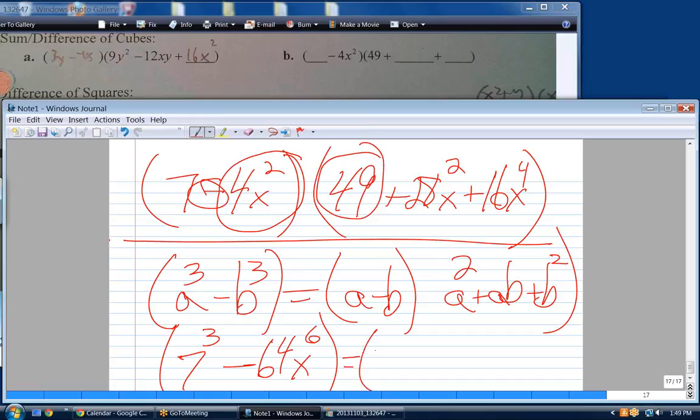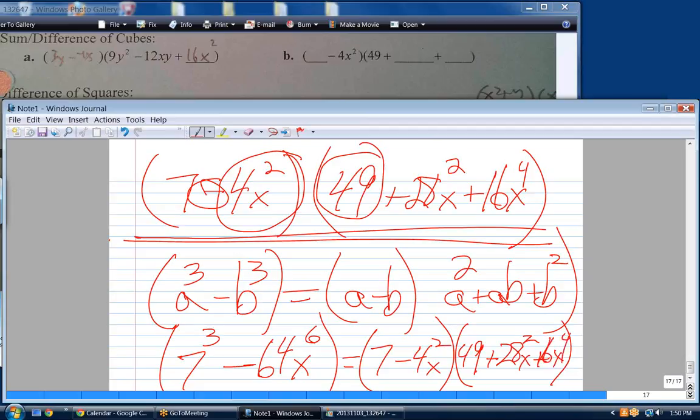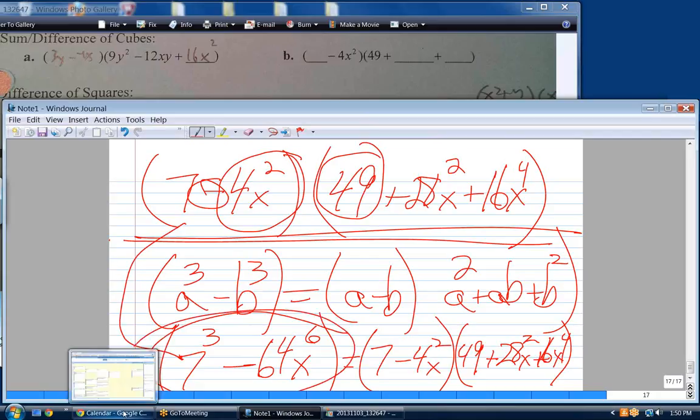Starting off a minus b, which is 7 minus the cube root of that, which is 4x squared. And then the rest of it, this is 7 squared, 49. Opposite sign, a times b, 28x squared, plus this term squared, 16x to the 4th. So there's what we started with, the difference of perfect cubes.